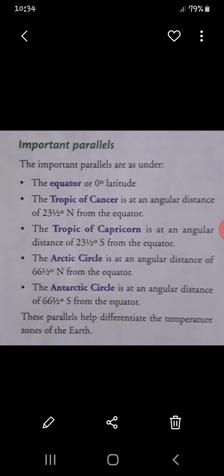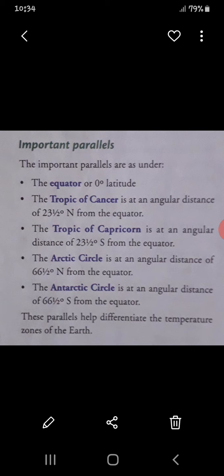So there are four more parallels of latitude other than that. What are they? The first one, we take it as the Tropic of Cancer, 23.5 degree north in the northern hemisphere. Tropic of Capricorn, 23.5 degree south in the southern hemisphere.